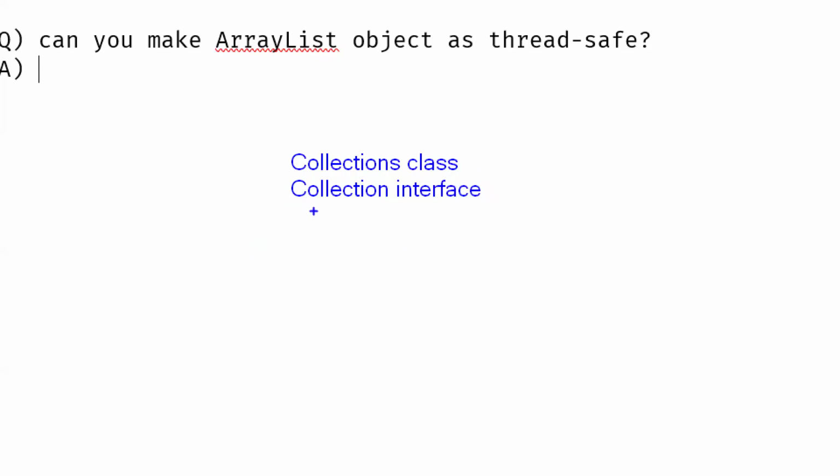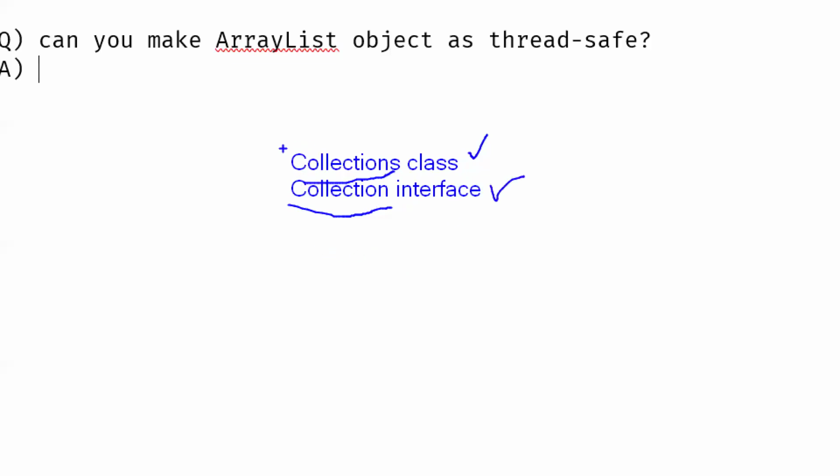Collections is a class. See, the letter 's' makes a lot of difference. If you add the 's', it becomes a class. If you remove the 's', it becomes an interface.